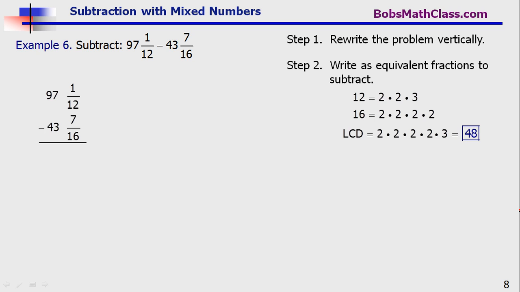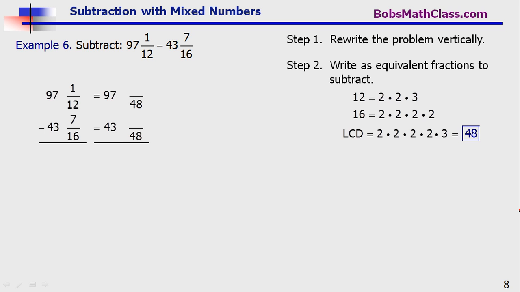Okay, so now we'll write the problem over with the new denominator, and then figure out what our new numerators are by figuring out 12 times what number is 48, and 16 times what number is 48. Let's see, 12 is 2, 2, and a 3, so in your LCD, if you cover up 2 2's and a 3, we'll still have 2 2's left over, so that's 4.